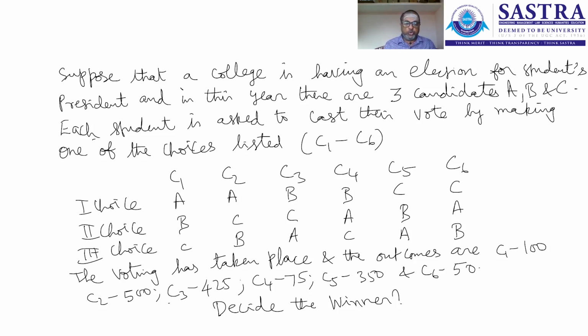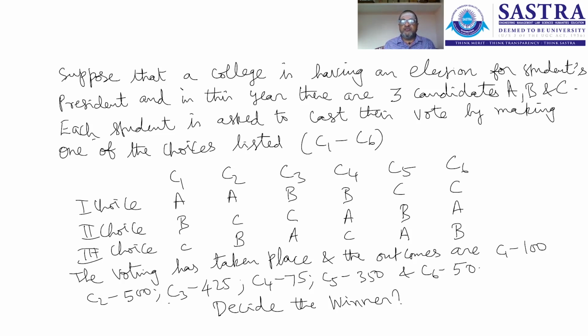Usually what we do is, I have A as the first choice in C1 and C2, B as the first choice in C3 and C4, and C as the first choice in C5 and C6. C1 and C2 put together gives you 600. C3 and C4 put together gives you 500, that is 425 plus 75.